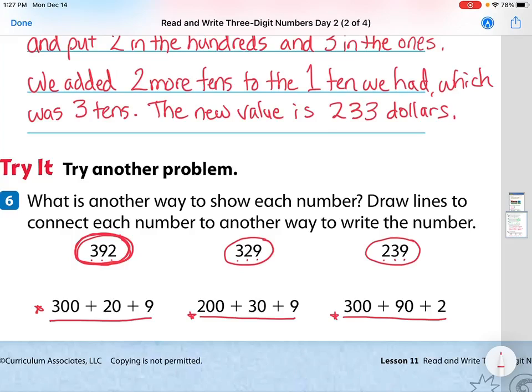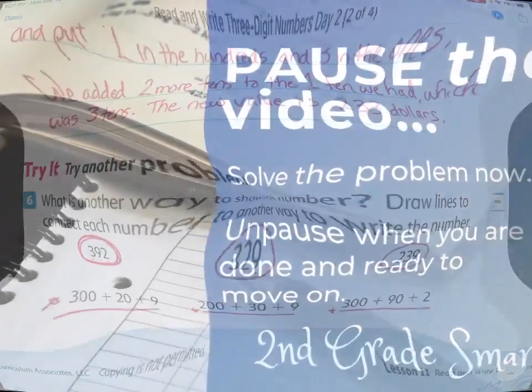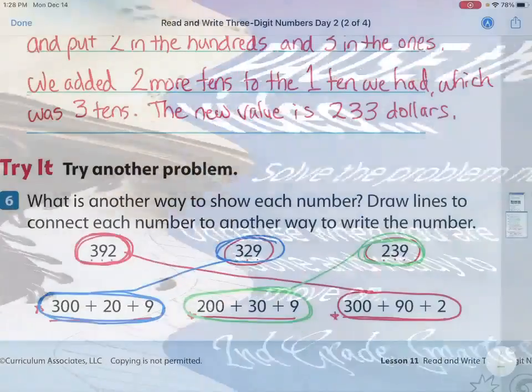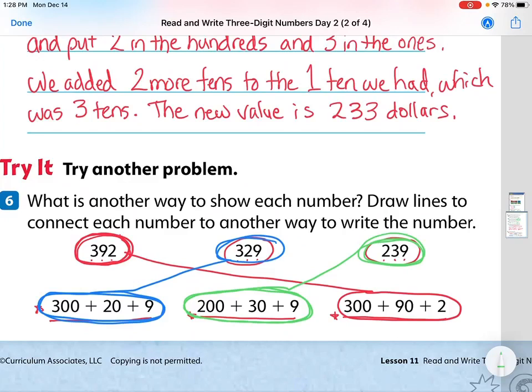Okay, so pause the video and start drawing your lines so that you're matching a standard form to the expanded form. So pause now. Okay, I hope you finished drawing your lines, and I hope that you got the correct answers. So let's take a look at it.